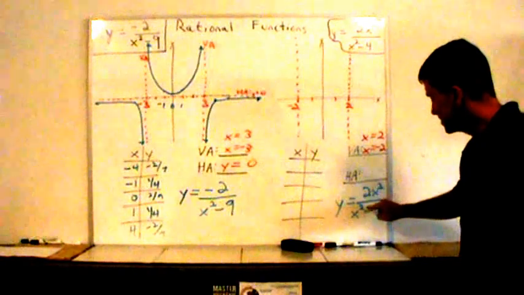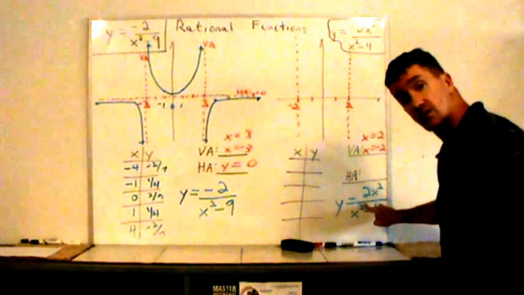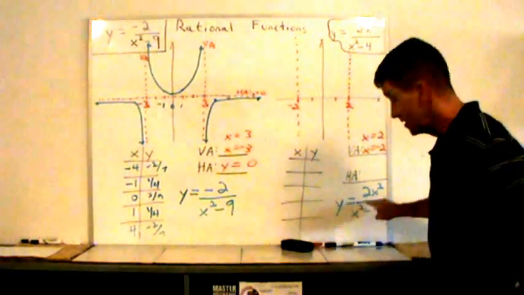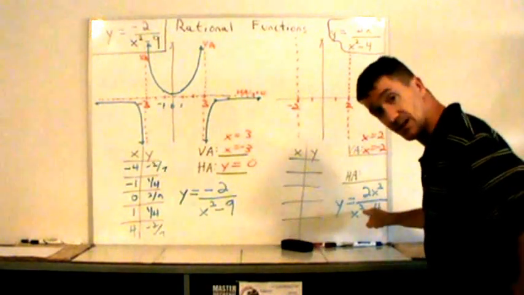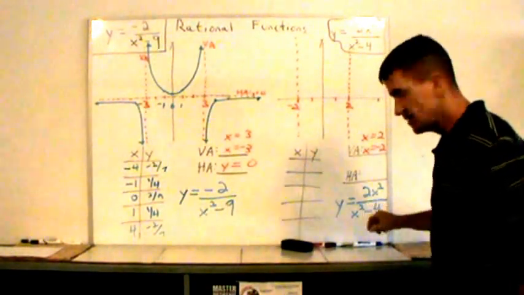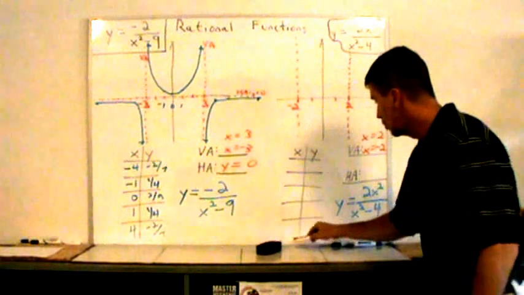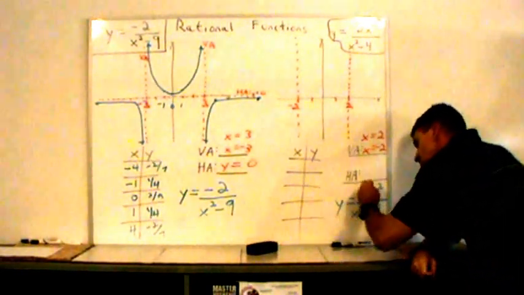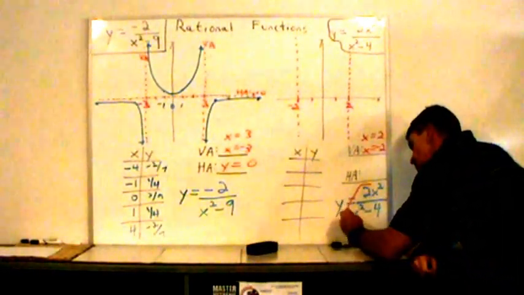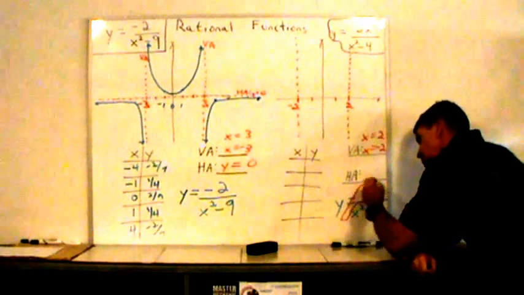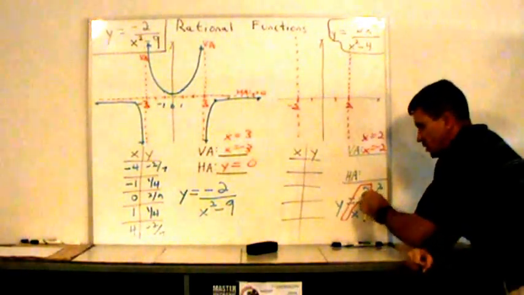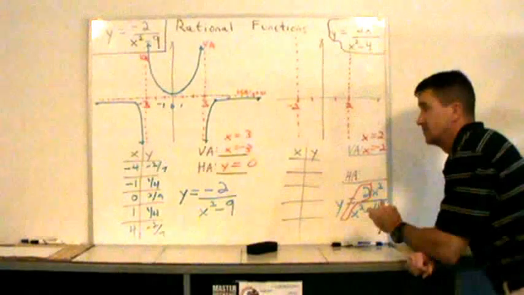If the exponents in the numerator and the denominator are the same, the highest exponent in the numerator and the highest exponent in the denominator are the same, then the horizontal asymptote will be the coefficient to those portions. And as you can see, I just boxed it off. That's a 2 over invisible 1, right?